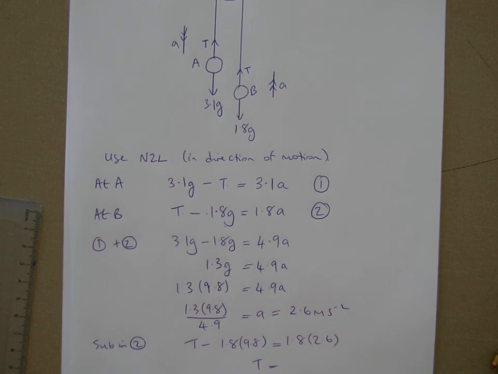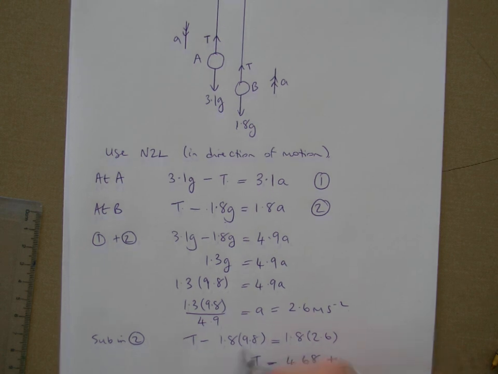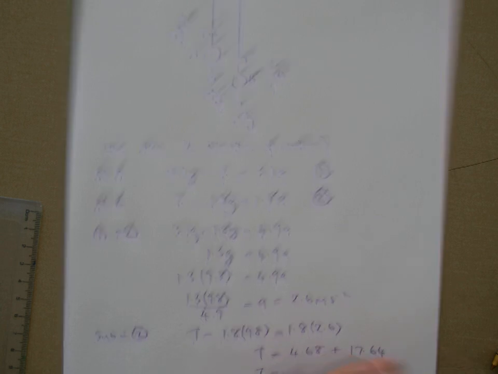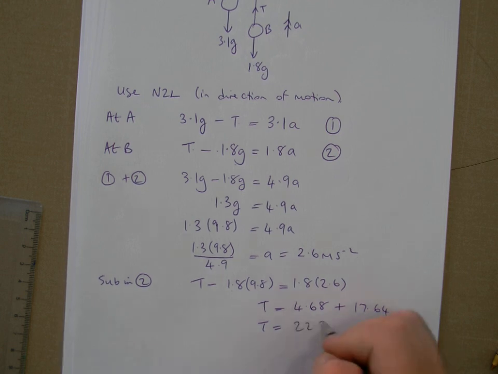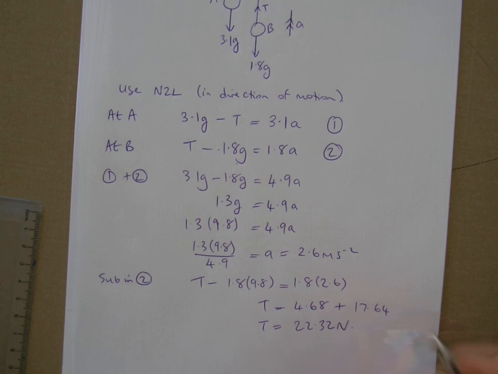So the tension will become 1.8 times 2.6, which is 4.68, and of course then you've got to take that over the other side and add it on, so you get 17.64. So tension, when you add them together, in the string is 22.32 newtons.